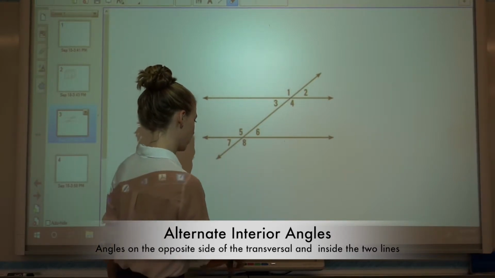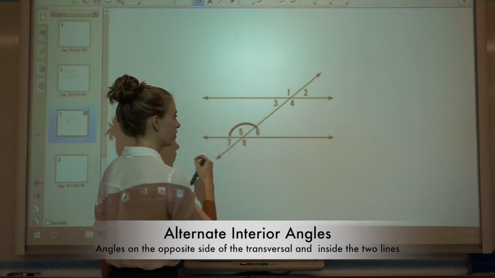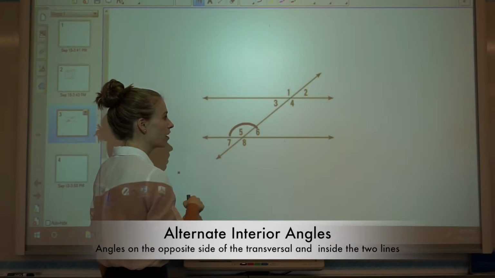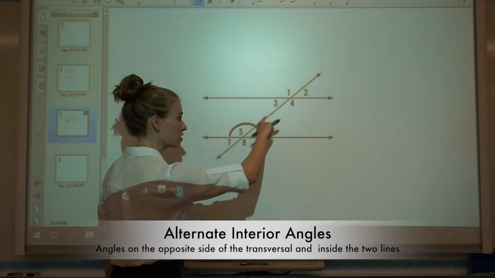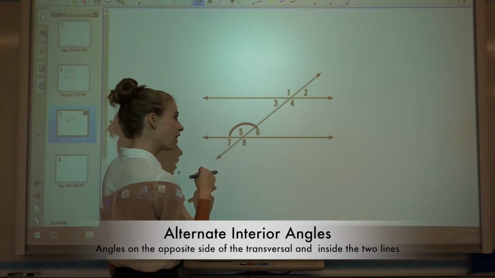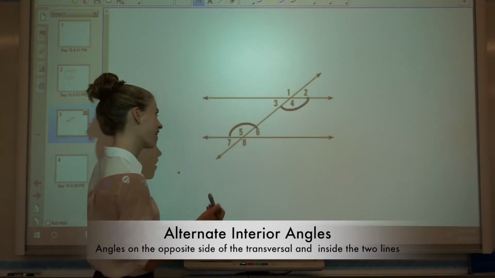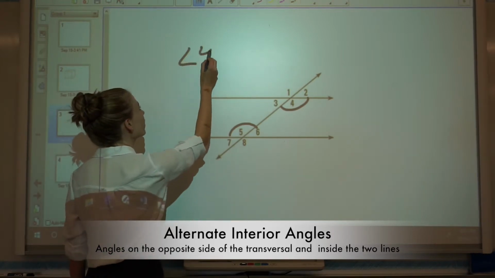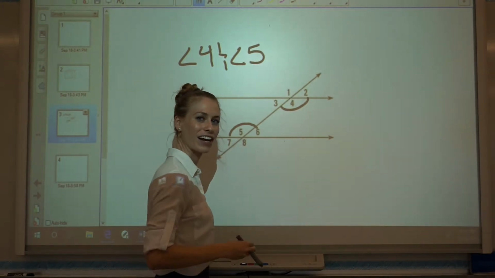So let's just pick one that's on the inside of this guy right here. So let's try angle 5. Can we find another angle that's on the inside, but on the opposite side of the transversal? I think I found one. Angle 4. Okay, so angle 4 and angle 5 are alternate interior angles.